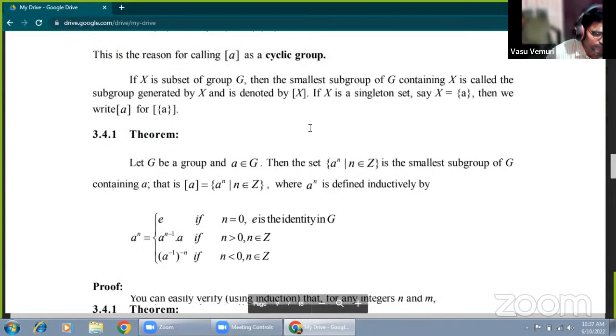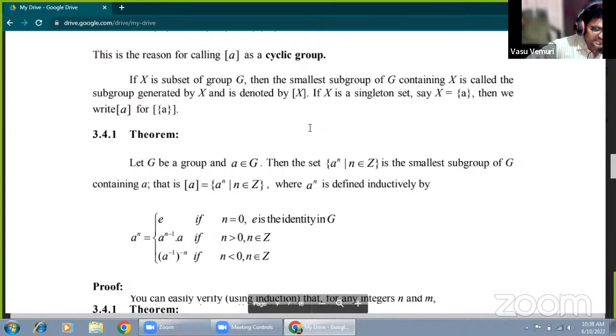Students, please note down. Find the generators of a cyclic group. Let G be the group of fourth roots of unity.